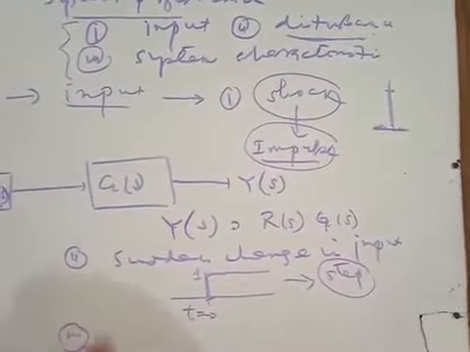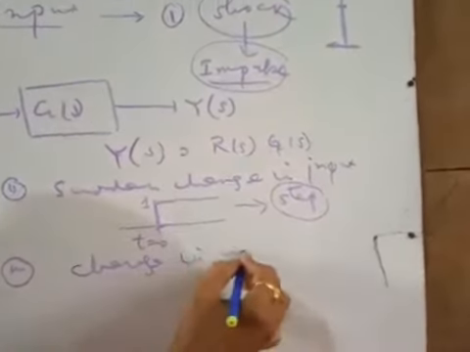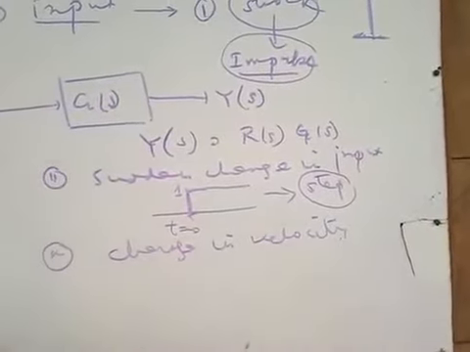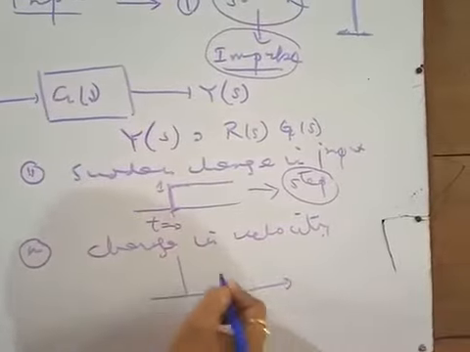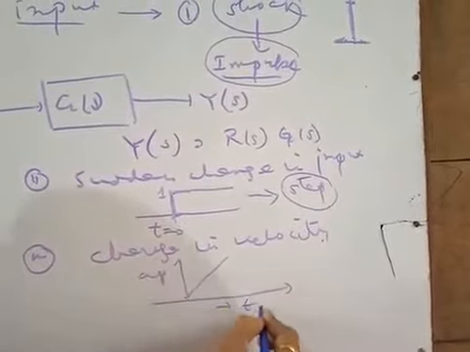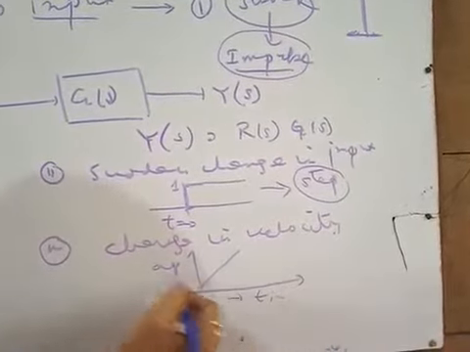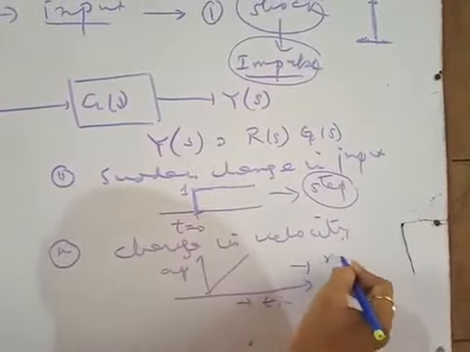Next, the change in velocity type of input. You see, this is your amplitude, this is your time. So this is the variation of the amplitude with time, right? This is one kind of ramp signal.